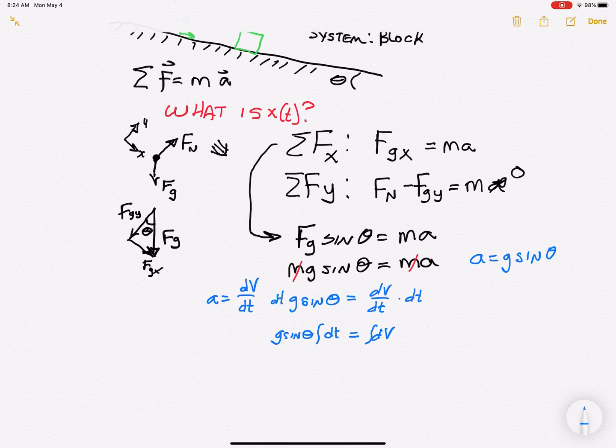And we'll get g sine theta multiplied by the change in time is equal to the change in velocity.